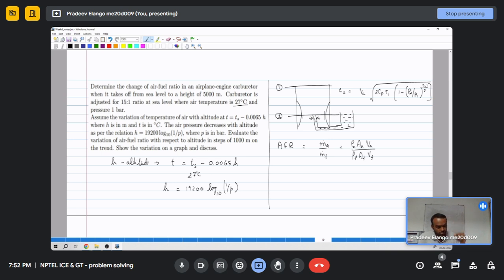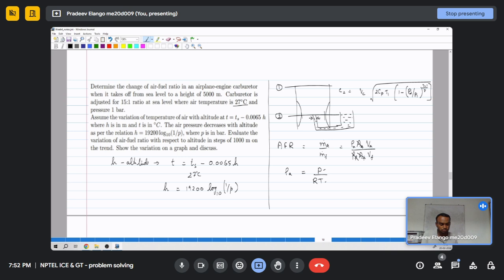Now the area will not change with respect to altitude, right? And rho f will change with altitude? No, because the density of fuel is almost constant. Rho of A will change because we have seen that it is P by RT. So pressure is also changing, temperature is also changing, so probably rho will change. Does the velocity VA, VF change?